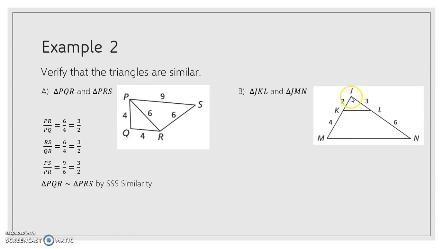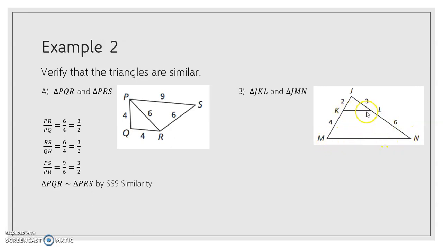And they've also given me enough measurements to figure out the length of JM and the length of JN in the big triangle. Now be careful about that, because notice this 6 only refers to LN, and this 4 only refers to KM. So notice they've given me information about 2 pairs of sides, but they haven't told us about the third pair of sides.